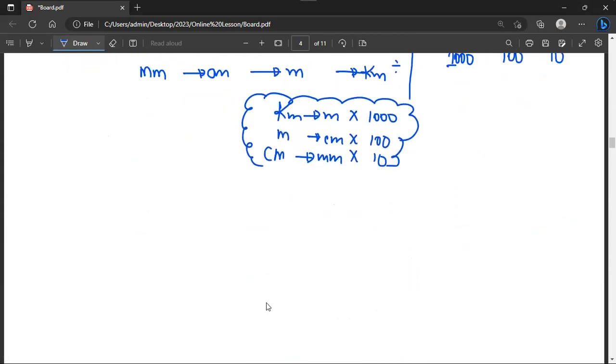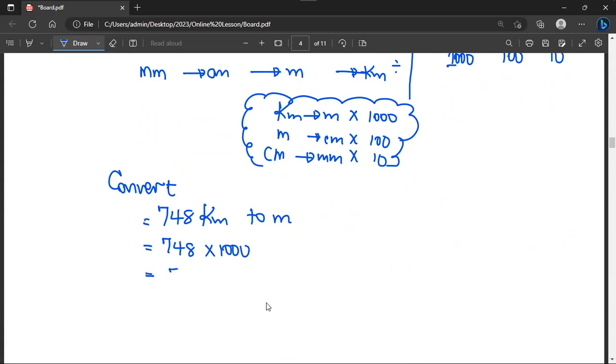An example. Convert 748 kilometers to meters. So this will mean 748 kilometers times 1,000.